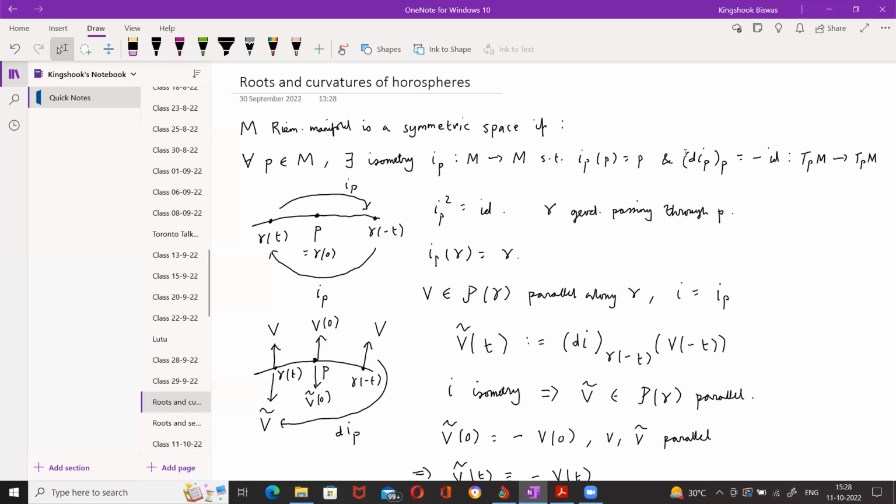Because if the derivative is the identity, then geodesics passing through P are going to go to geodesics passing through P. Since the derivative is the identity, the initial tangent vector of the geodesic will go to itself. And because it's an isometry, it will preserve the distance along the geodesic. That means every point will be fixed along the geodesic, right?